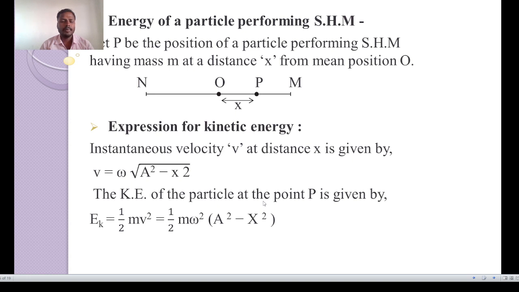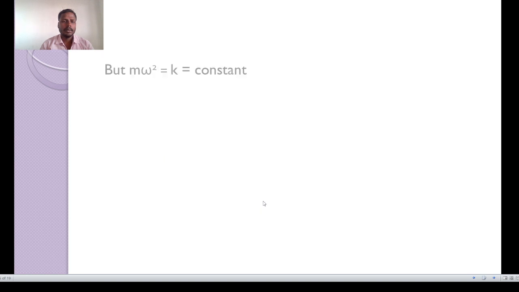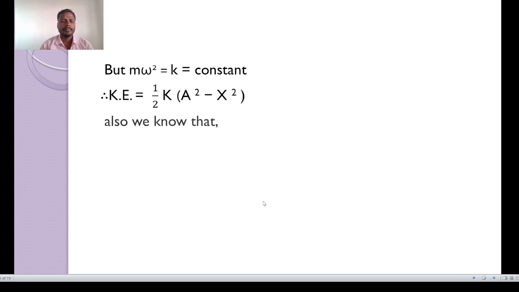Putting the value of velocity, we can write 1 by 2 m omega square in bracket a square minus x square. But we know that m omega square is equal to k, that is constant. Therefore, kinetic energy is 1 by 2 k in bracket a square minus x square.